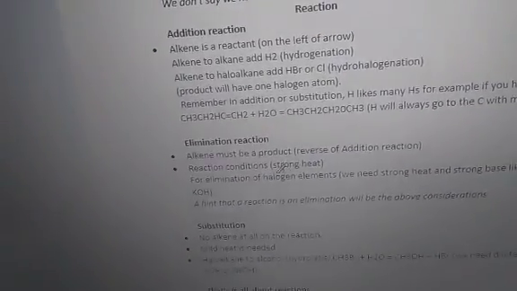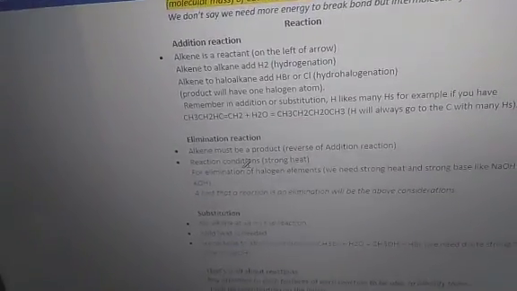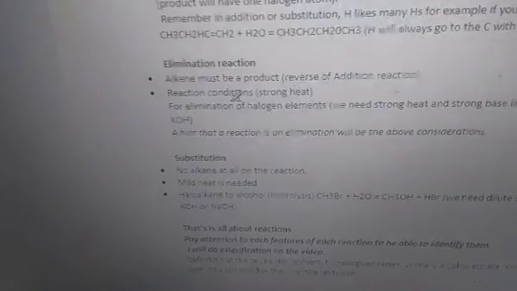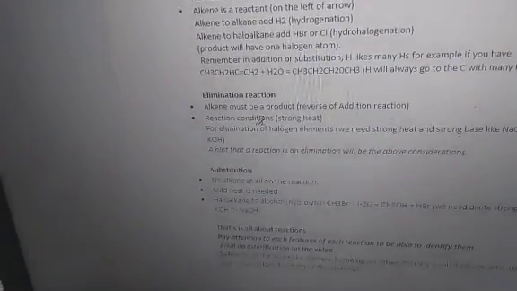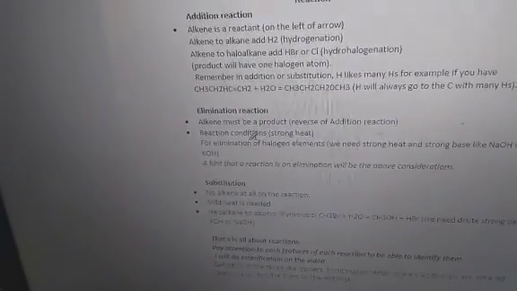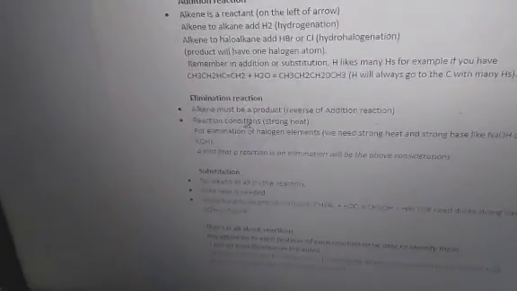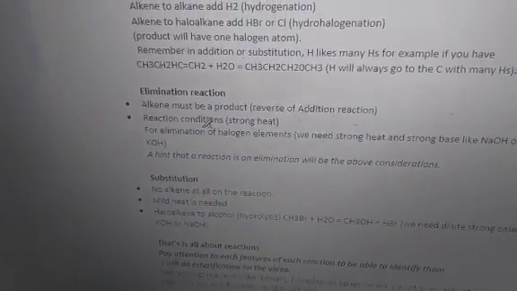Okay, reaction conditions. We also need to take into consideration the conditions, because you might be given conditions sometimes, and if the conditions are for elimination, you can say so from there. You might not be given all the facts.